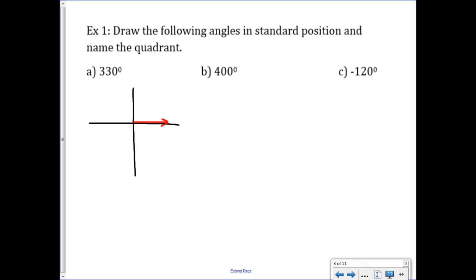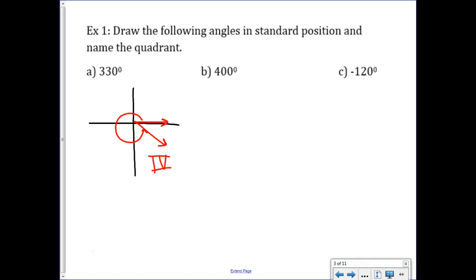Well, I know that every quadrant is 90 degrees. So 90, 180, 270, and then I need to go 60 degrees more than that. So I'm going all the way around here, almost back to where I started. 360 would get me all the way around once. So we are down in quadrant 4.